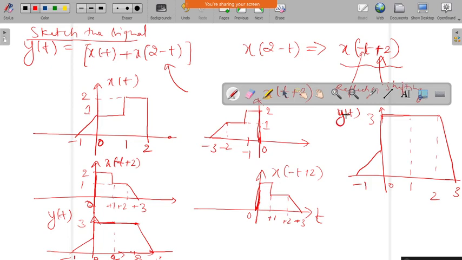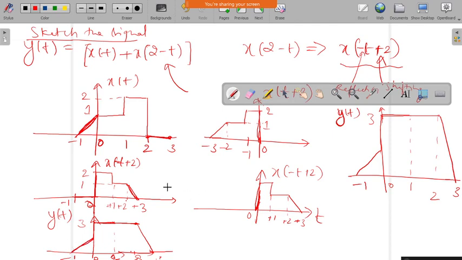Is it understood? Sir, 1 second, last step. From 2 to 3 it is a decaying ramp, right? So here from 2 to 3 there is no value, 0. From minus 1 to 0 it is a growing ramp, right? Here from minus 1 to 0 there is nothing, it is 0. 0 plus anything, whatever it is, the same thing will come from minus 1 to 0.